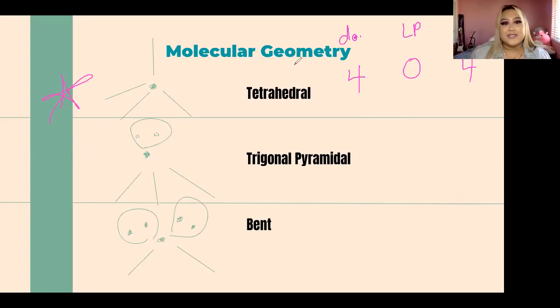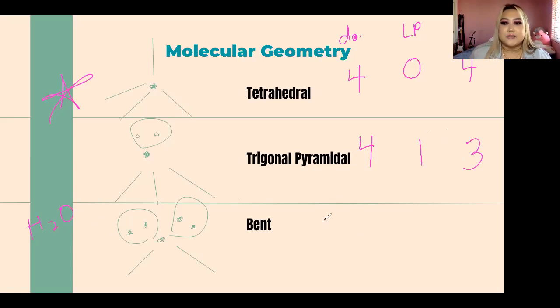So just filling out this chart, trigonal pyramidal has 4 domains. How many lone pairs? 1. And then that means this has 3 bonded pairs. And this is the other bent, which is the H2O one, right?